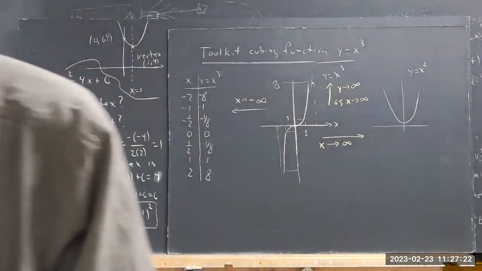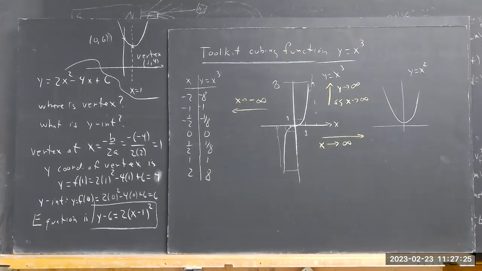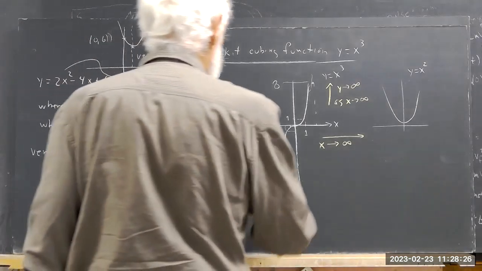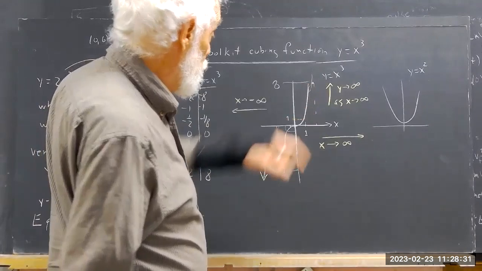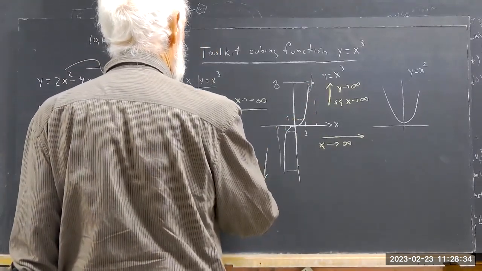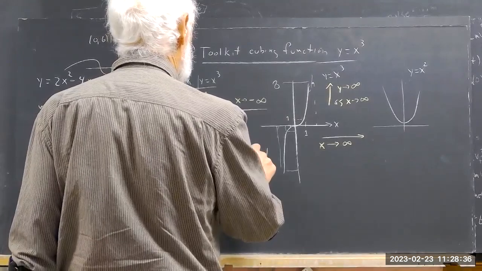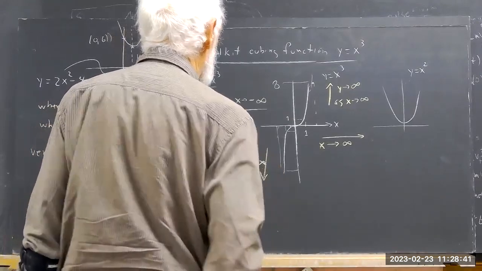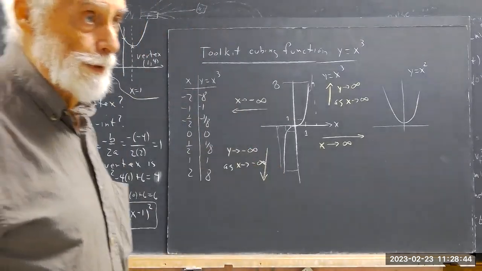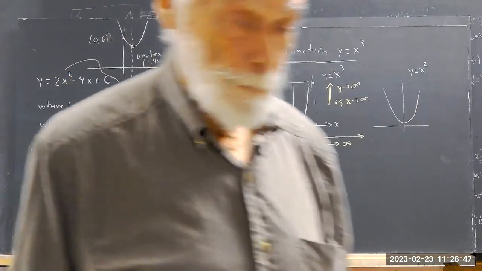Just draw a quick sketch that shows me the essence of what happens to y as x goes to negative infinity. Most people have an arrow going like this, analogous to what I did over here. And we could say that y approaches negative infinity as x approaches negative infinity.